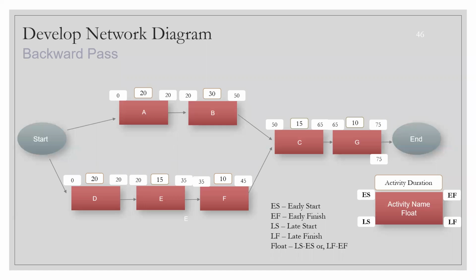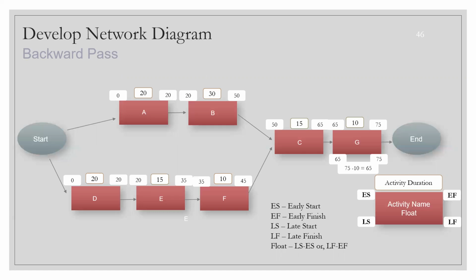The late start will be 75 minus 10, which is 65. So we take the late start as 65 also. Now looking at this activity, can you tell me the float, or the slack, or the buffer? It is 0. Why? Because the formula is late start minus early start, which is 65 minus 65, or late finish minus early finish, which is 75 minus 75.